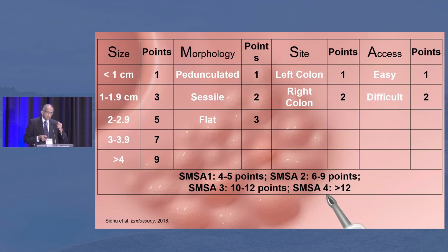And that is going to help the referral center plan their procedure. If it is technically difficult to reach the site, and you don't mention that, the guy who's going to take care of the patient may be thinking, hey, this is a small lesion, I can do it in 1 hour, but it may take 2 or 3 hours because it was technically difficult to reach that site. Something to keep in mind.